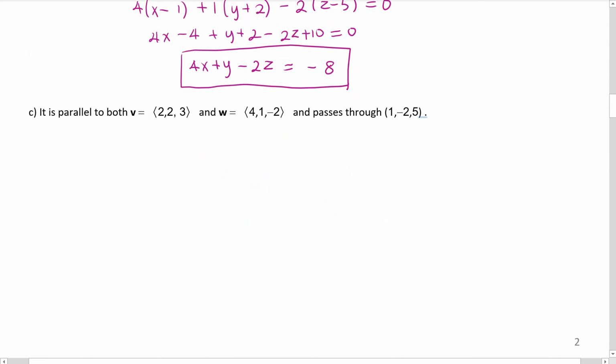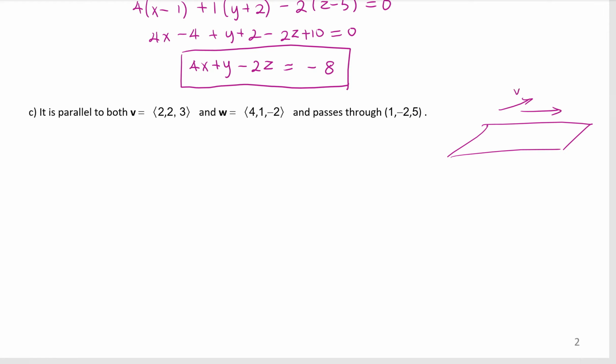It is parallel to both vectors and passes through that point. Now we have a plane. It is parallel to V and W. What do you say?